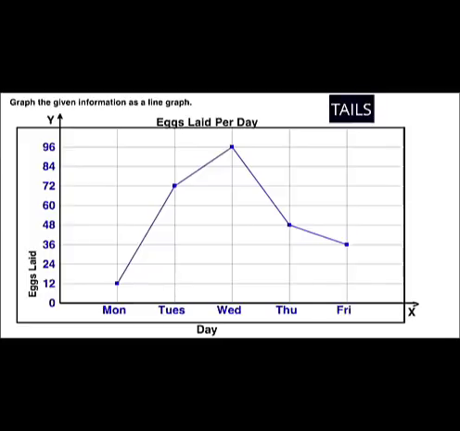When we talk about this graph, I want you to think about tails. The T stands for title, which we can see here is eggs laid per day. The A stands for axis. We have our y-axis and our x-axis.